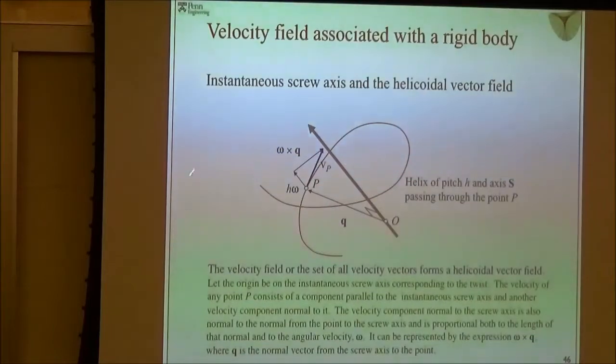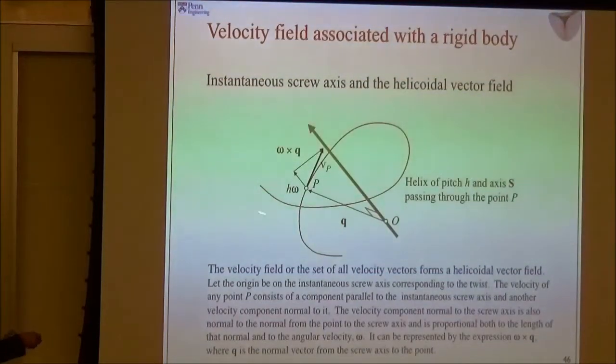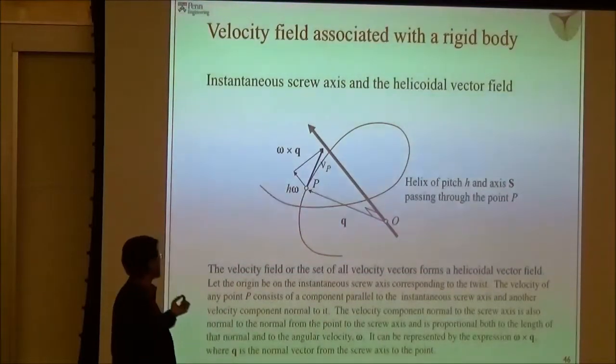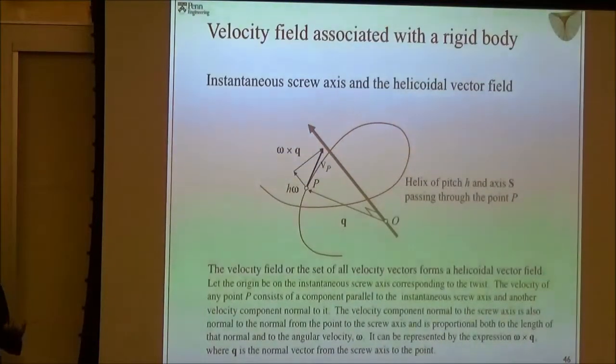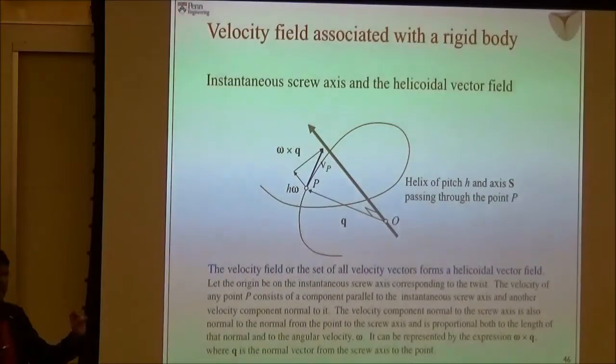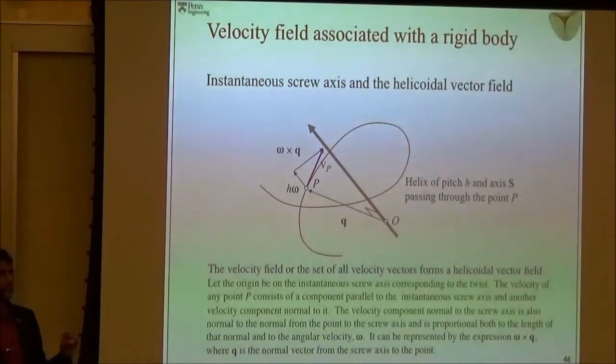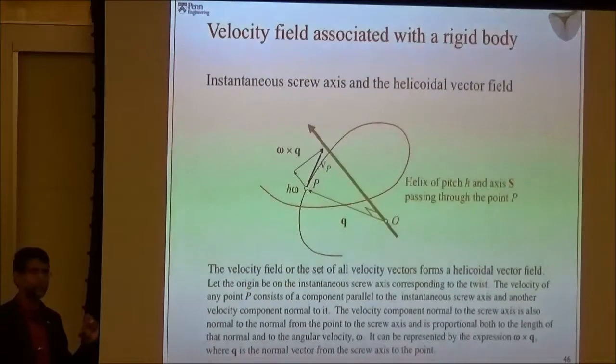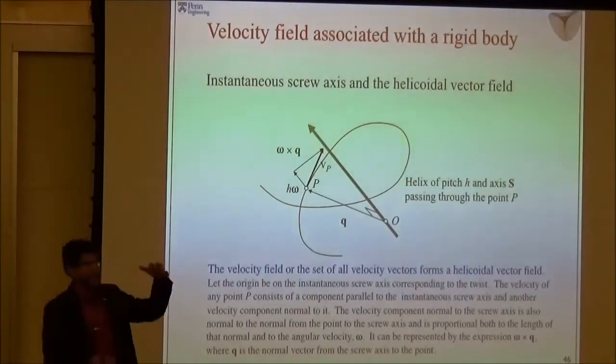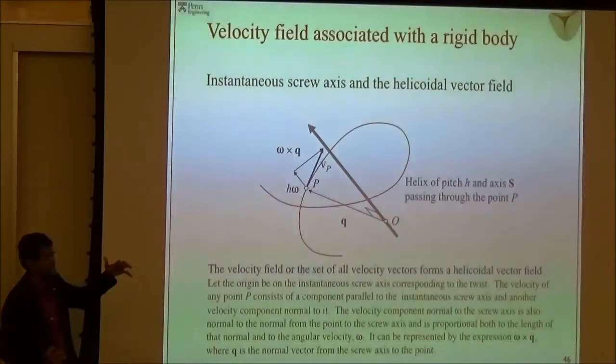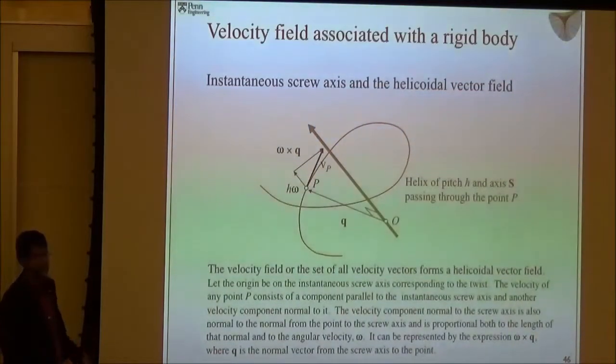So if you look at a rigid body, and if this is the axis corresponding to the screw motion, then every point on that rigid body essentially translates along this and also rotates about this axis. So the resulting vector field you get is something called a helicoidal vector field, which means that the velocity of any point of the rigid body is tangent to a right circular helix that passes through that point. And again, that right circular helix is fixed by the screw axis.